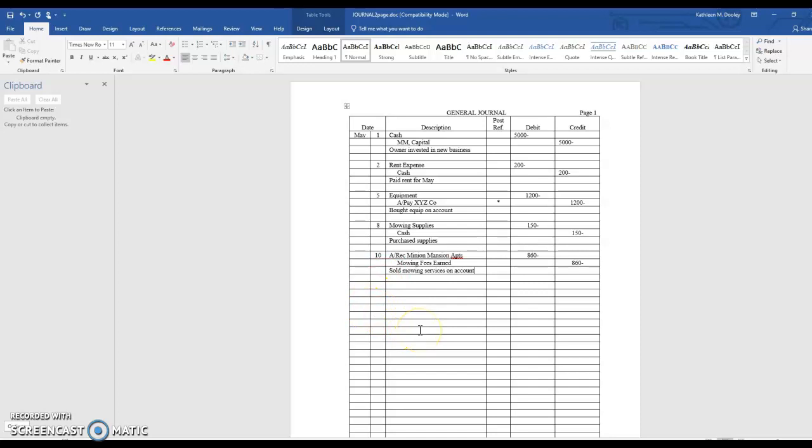Okay, we sold mowing services on account. Now, before I go on, once again, when you have accounts receivable, you've got an accounts receivable subsidiary ledger, we need to post that Minion Mansion Apartments right away.